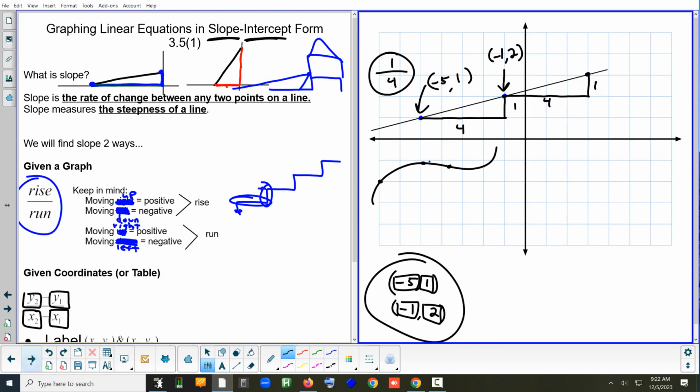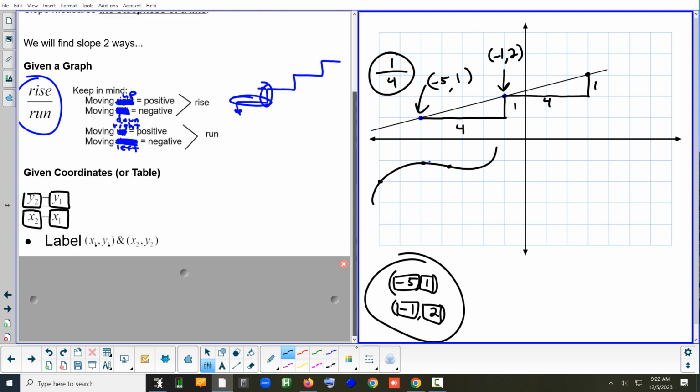So if we were going to label, scroll down here. Okay, if we were going to label ours, I would say this is my first x, and then my first y. It'll be right there. The bottom one, I'm going to call that one my second x.